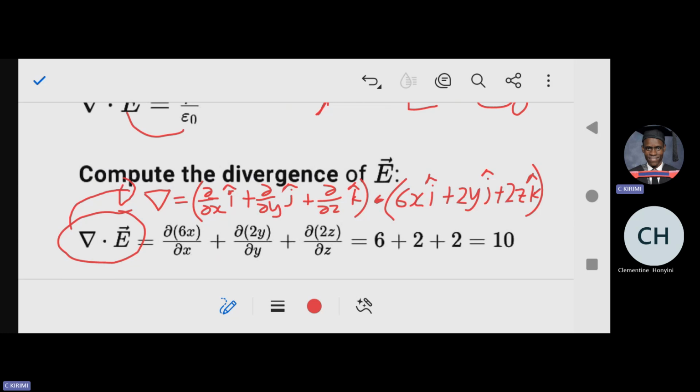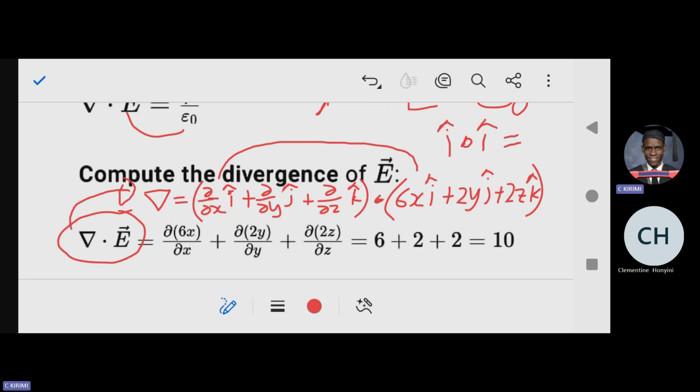So the first component with the first component gives you partial of 6x. And then I dot I, what did we say yesterday? I dot I gives you 1.